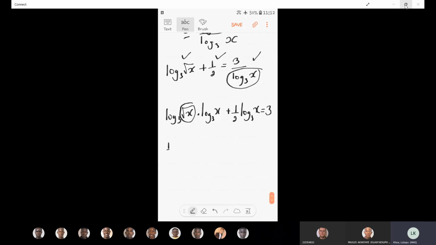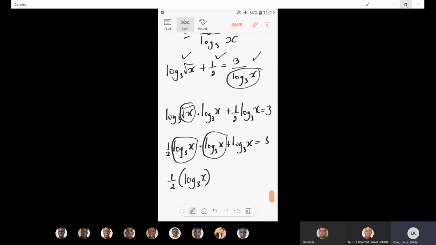So I have half log base 3 of x times log base 3 of x plus half log base 3 of x, and this is equal to 3. Now you can see these two are multiplying and they are the same. So that becomes log base 3 of x squared. So this is half, and then I have log base 3 of x squared plus log base 3 of x is equal to 3.